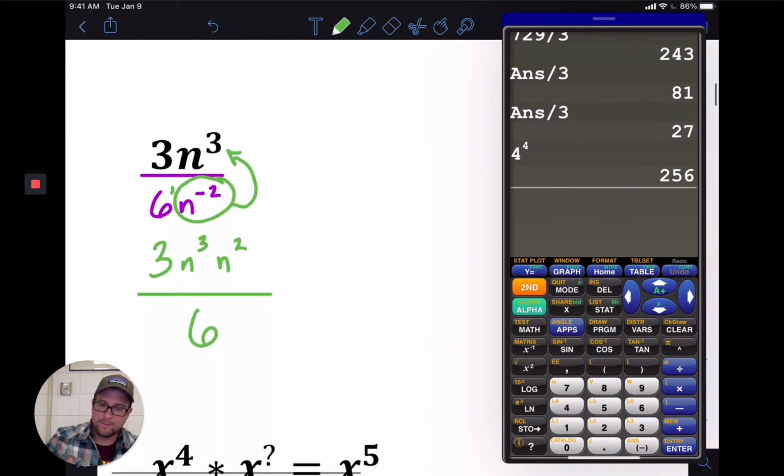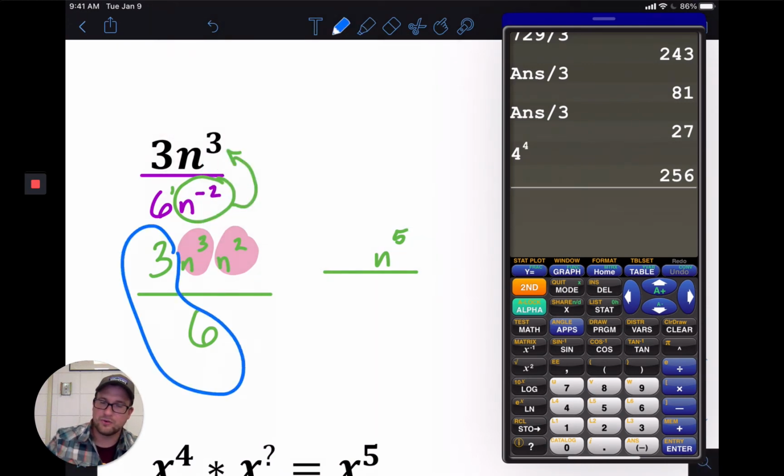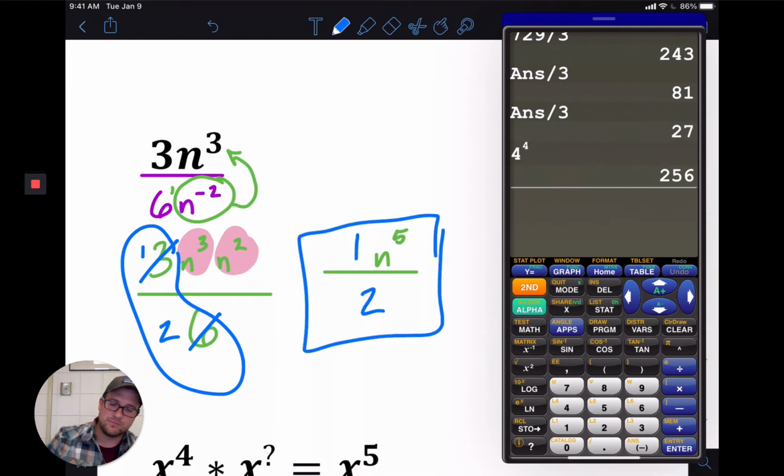So, doing a little bit more to this, we can put both of these piles of n on the same pile. Remember, when you have two things with the same base, we just add the exponents together. So I will have n to the 5th. And the last thing we should do is always check to see if 3 and 6 can be reduced. We know 3 goes into 3 one time and 3 goes into 6 twice, so we can make this into 1 over 2, which would be our final answer.